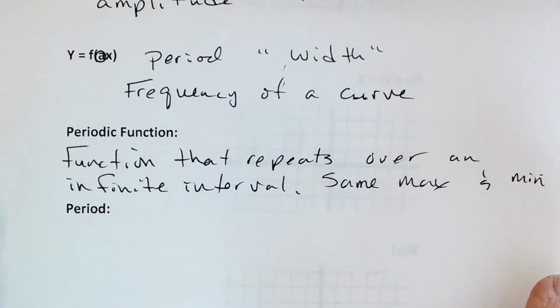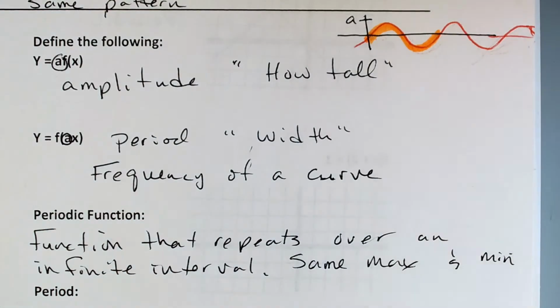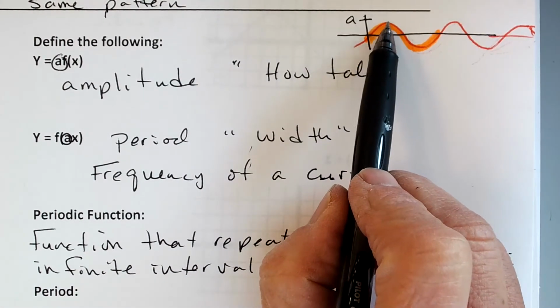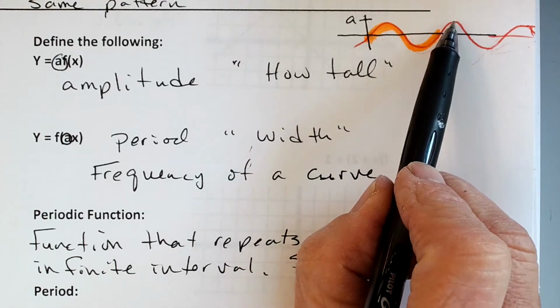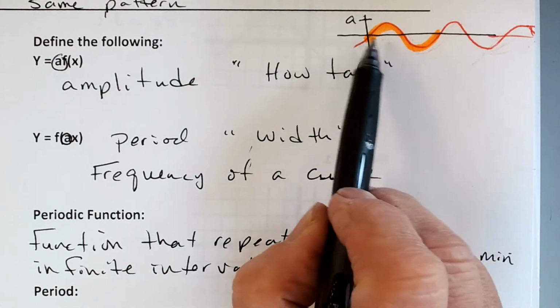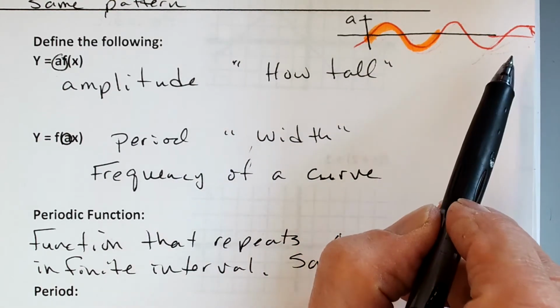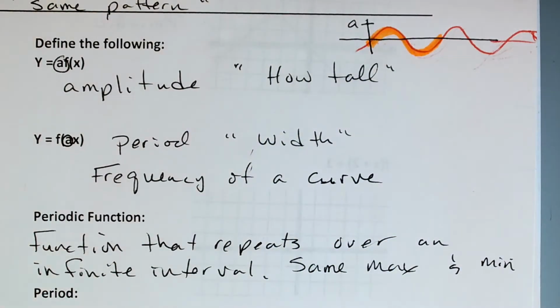I'm going to scoot this back down. Again, I'm a lousy artist, but I'll let you write this down. So a periodic function repeats over an infinite interval, and it's going to have the same max and min. That's important because the height here is the same height here, same height here. The minimum never changes also, correct? You guys see that?